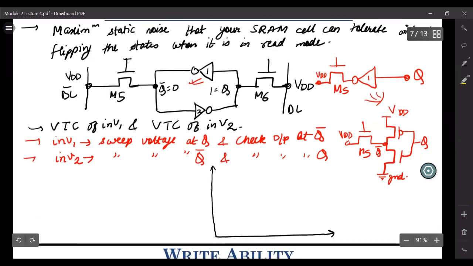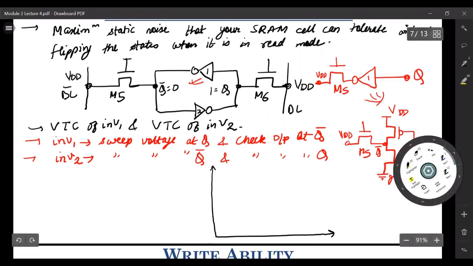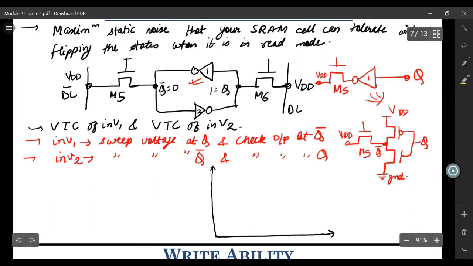Okay. Now let us take the case when your VQ is 0. This is its input, and it's Q, let's say. When your VQ is 0, this NMOS is turned off and your PMOS is turned on.